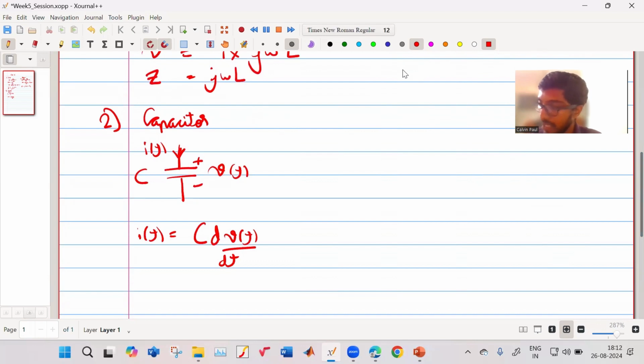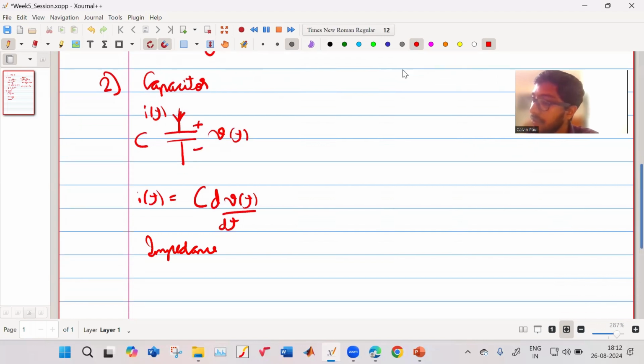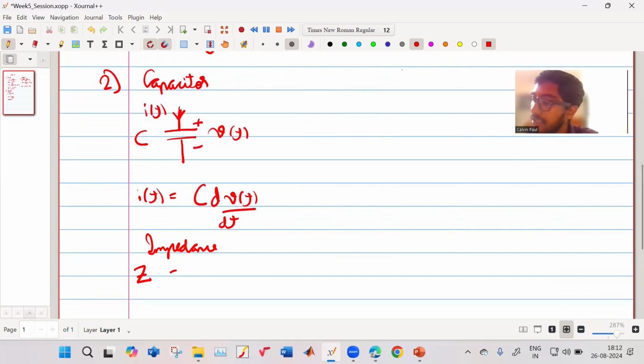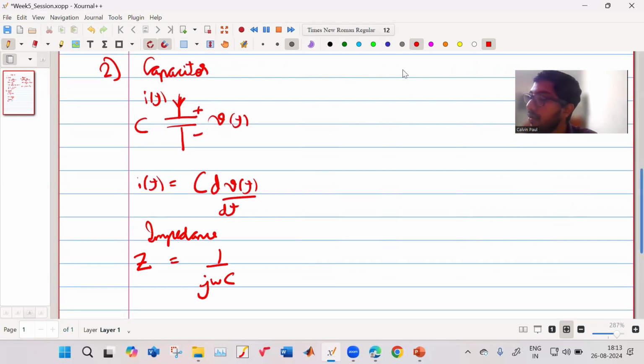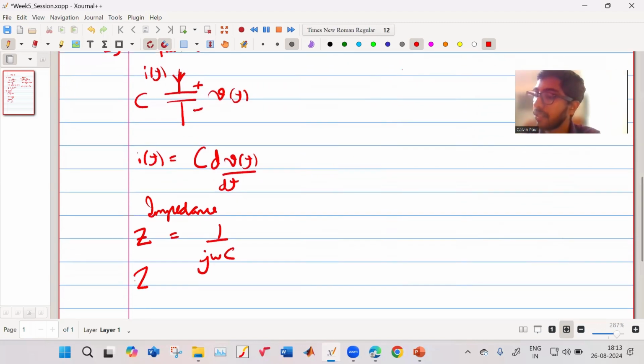And the impedance of the capacitor is given by Z is equal to 1 upon j omega C, or it can be written as minus j upon omega C.